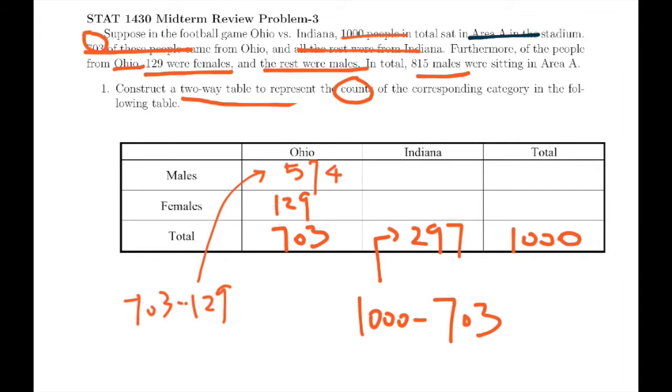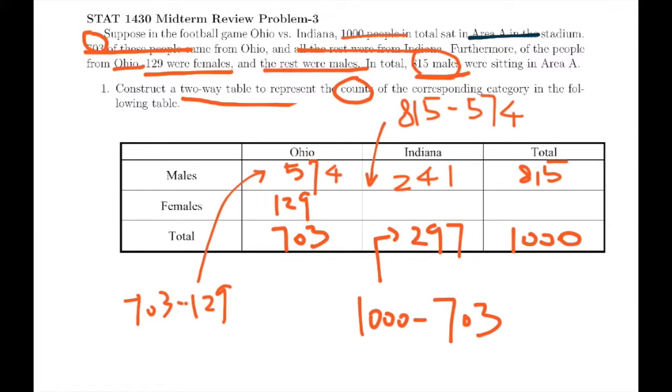And then we know that in total there are 815 males sitting in area A. That means the total number of males is equal to 815. Then we can do another calculation to find the number of males from Indiana. That is 815 minus 574, and we can see it is 241.